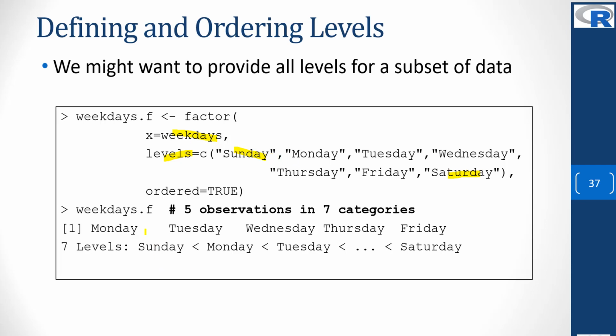Now if we display weekdays.f resulting from this factor function call, you'll see that it's showing the data Monday, Tuesday, Wednesday, Thursday, Friday, and it's showing here are the possible level values. And it's going to show all these days. I've used an ellipsis to shorten this out for the display.